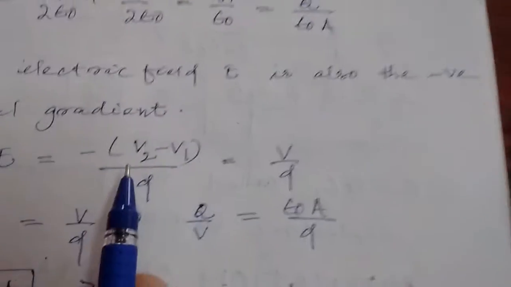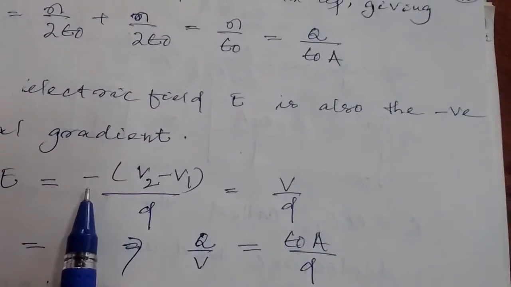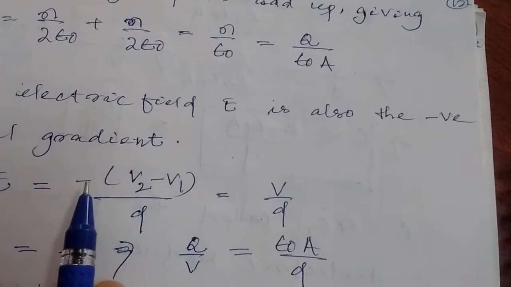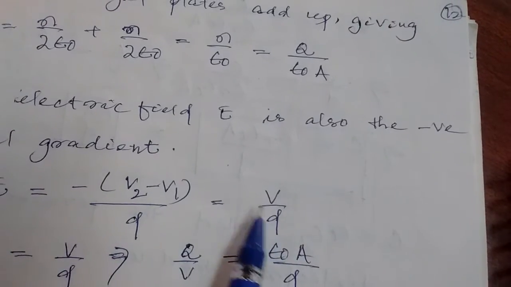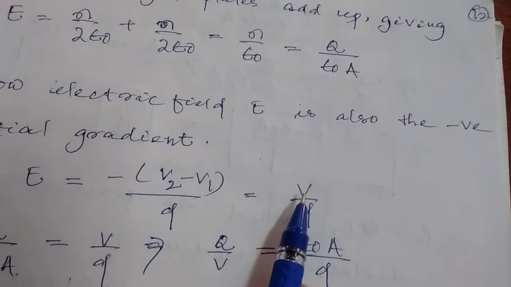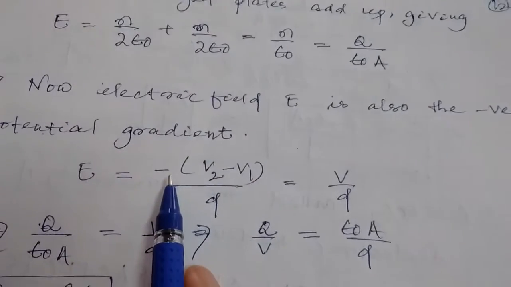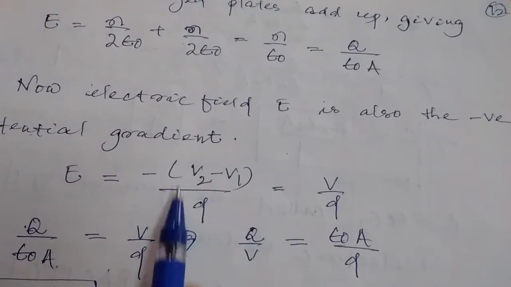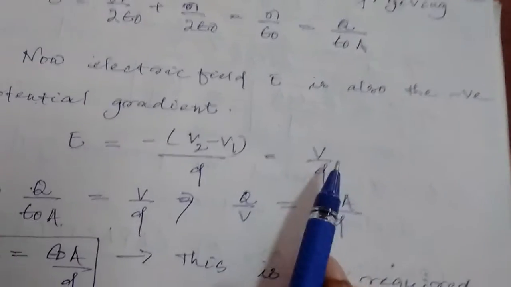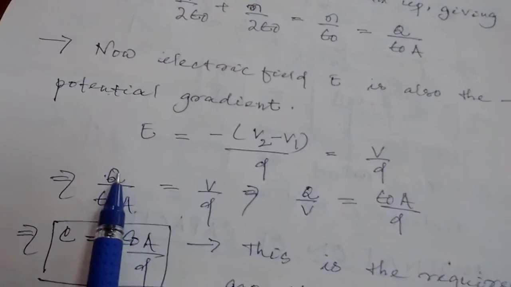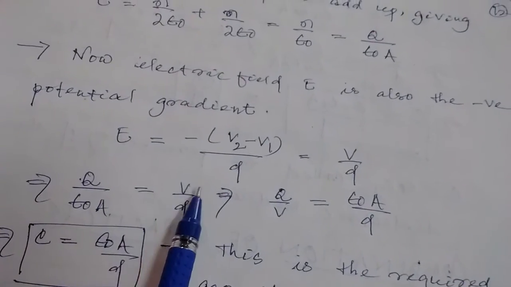Here the distance is d, that is distance between the plates. So V2 minus V1, we can write it as V, potential difference. Here the negative sign actually does not matter. We are concerned only for the magnitude. Okay, V by d. So Q by epsilon naught A is equal to V by d.